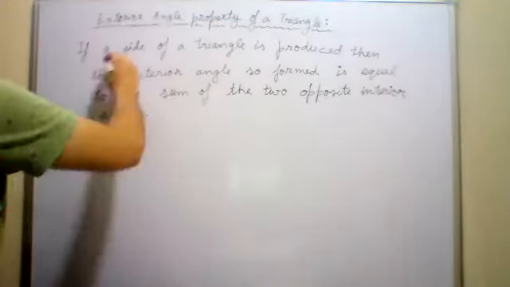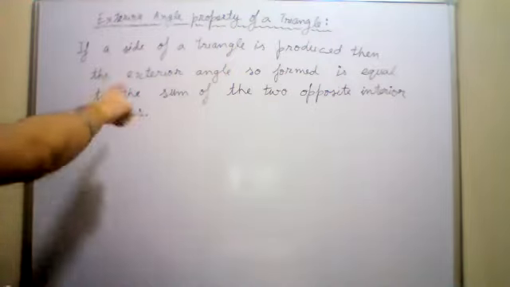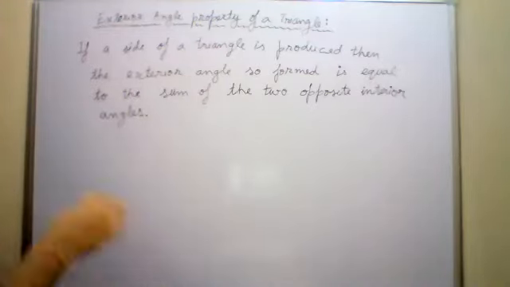If a side of a triangle is produced, then the exterior angle so formed is equal to the sum of the two opposite interior angles. Also given in the book. Note down in your copies.